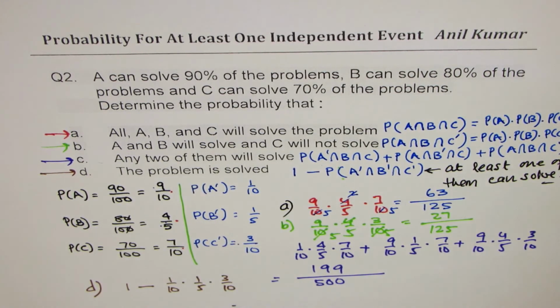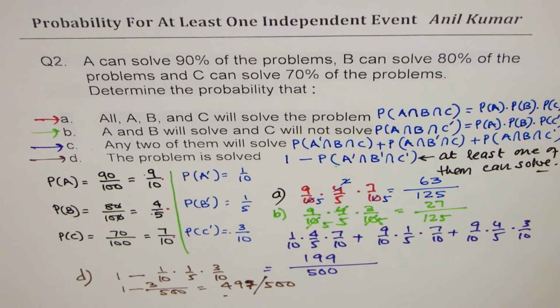So that gives you 3 out of 500, which is equal to 1 minus 3 out of 500, which is 500 minus 3, which is equal to 497. 497 over 500. Is it okay? So that is how you could actually solve this question.